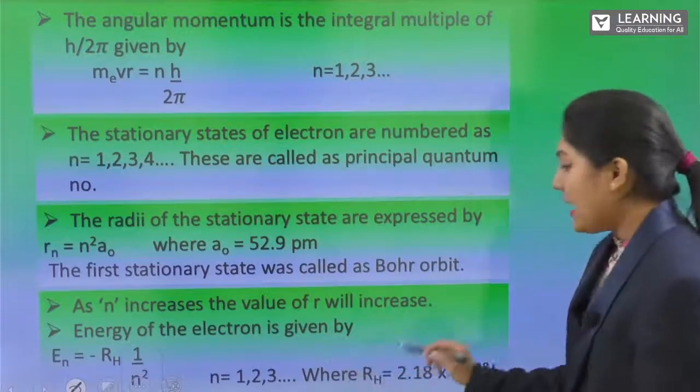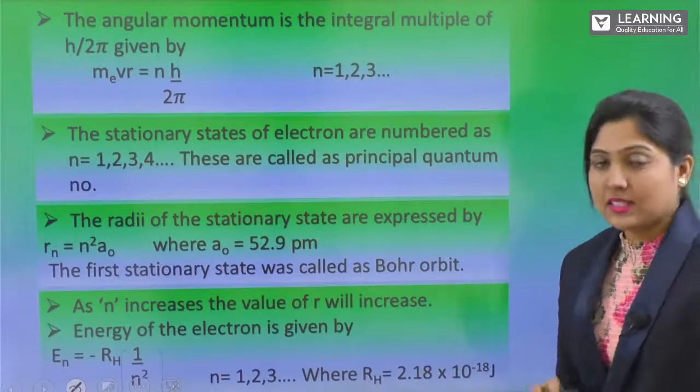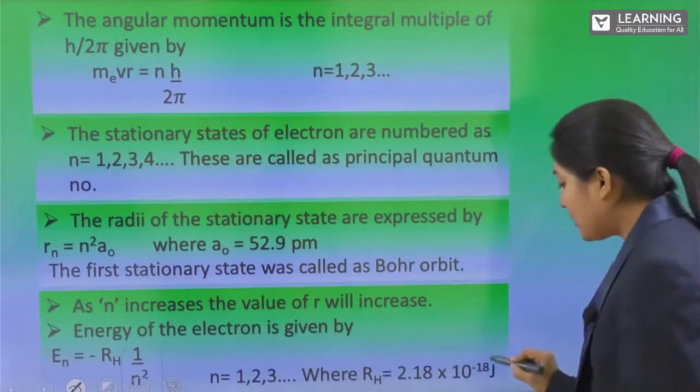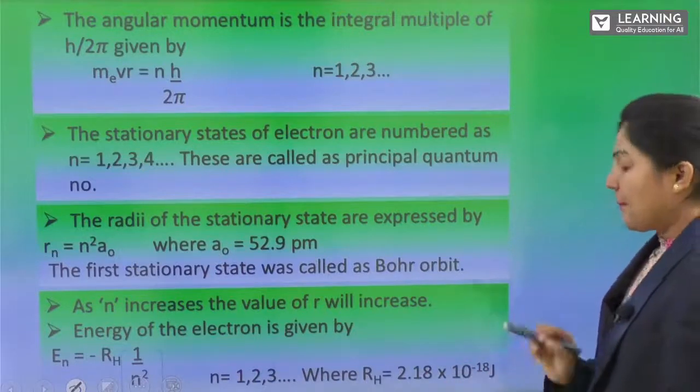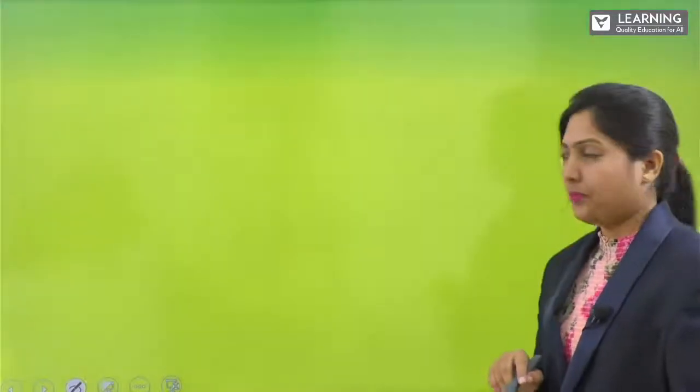See students, R is in energy, joules, so it will be 2.18 into 10 raised to minus 18 joules.